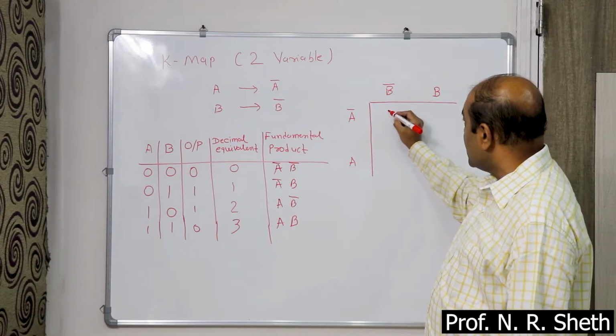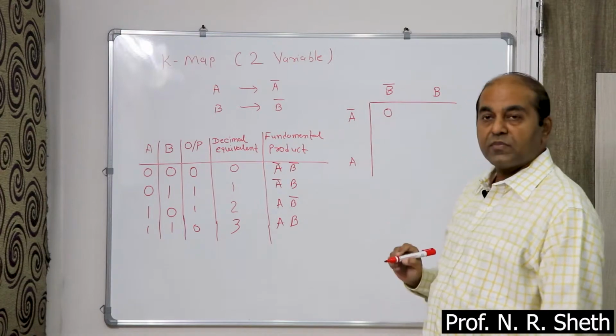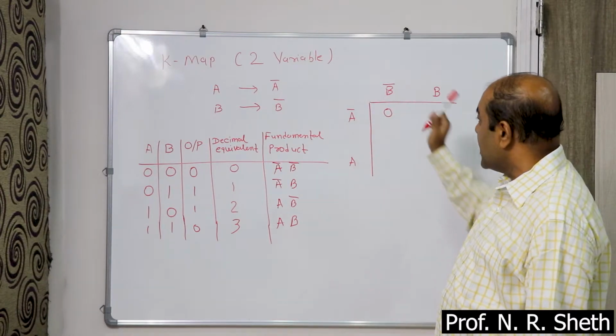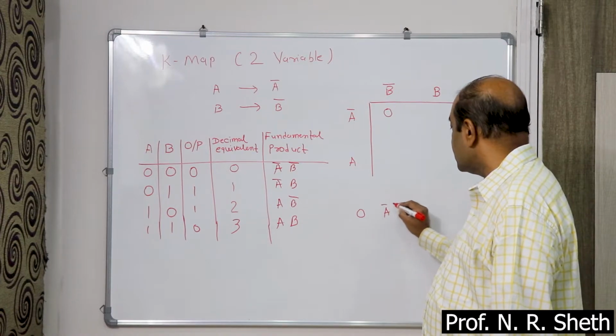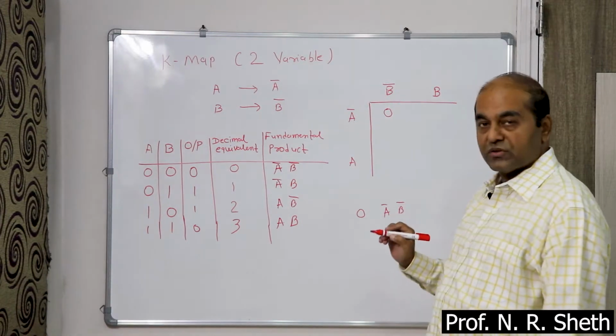Now position of this: A bar B bar. Just at the initial stage I will explain the bit position.